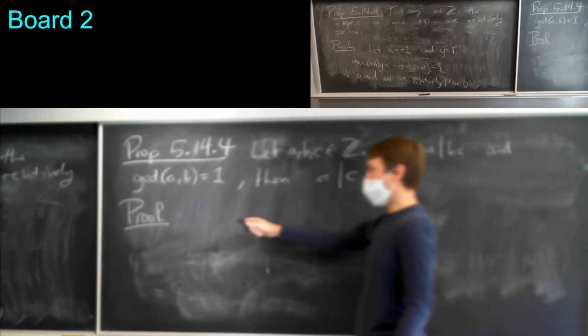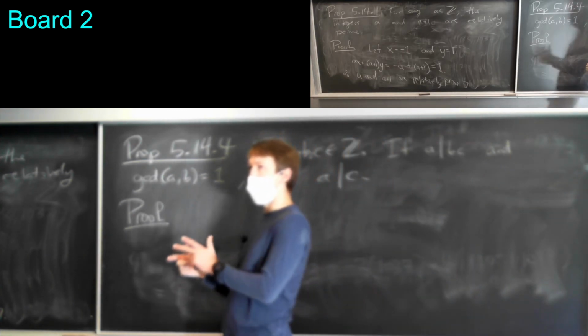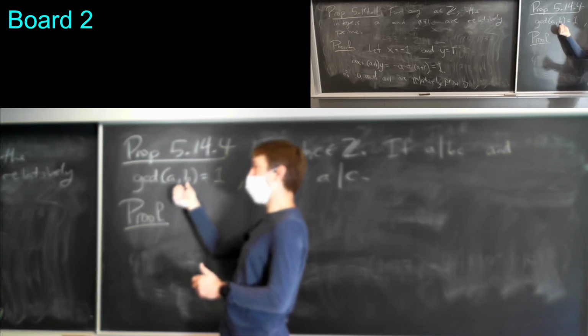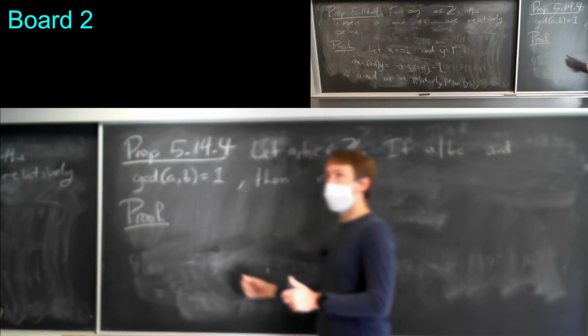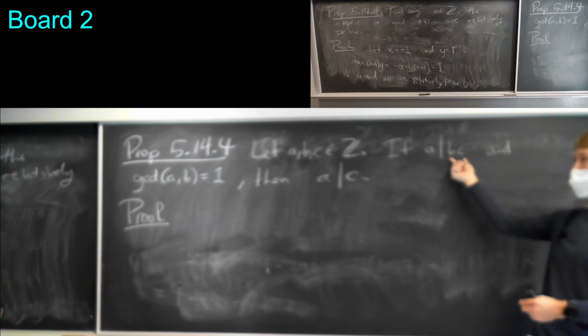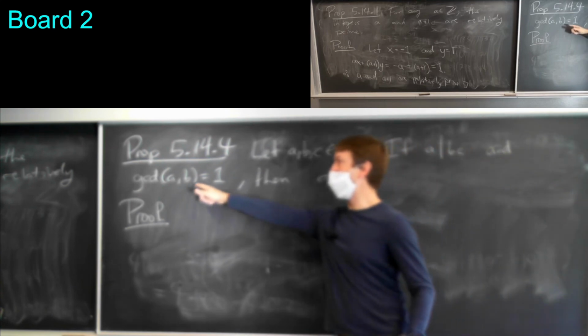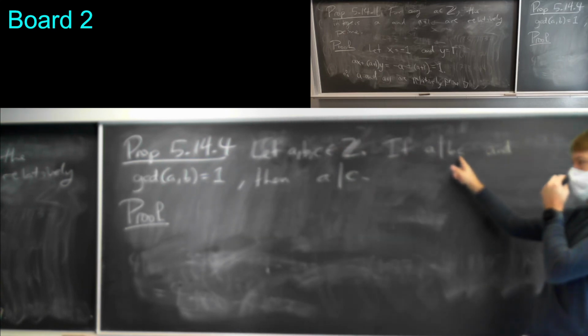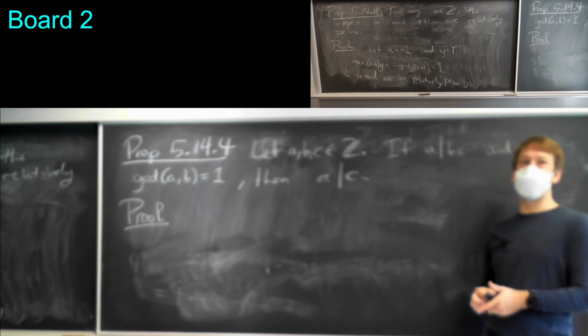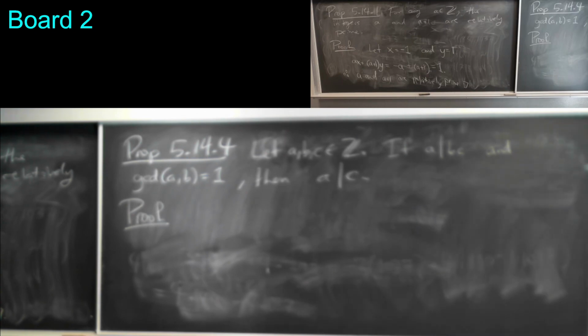But the fact that a and b have GCD 1 tells you that none of those primes appear in b. So they must all appear in c, and so you must have that a divides c.